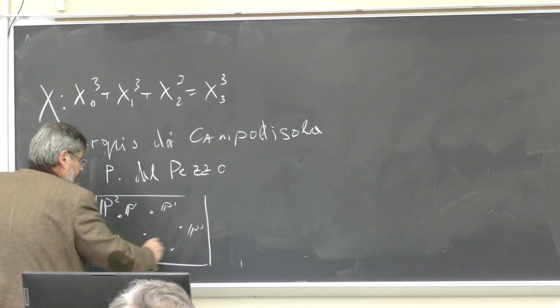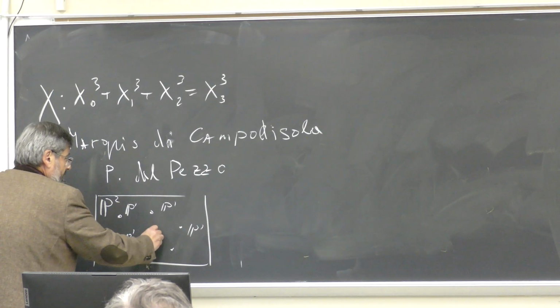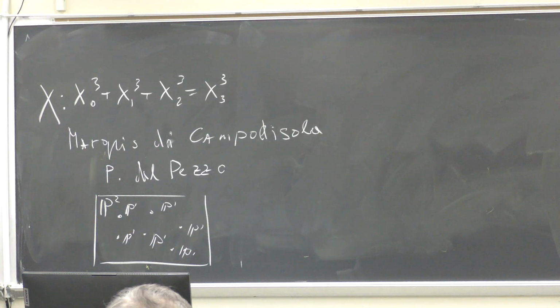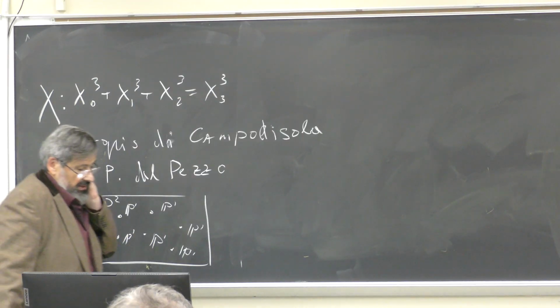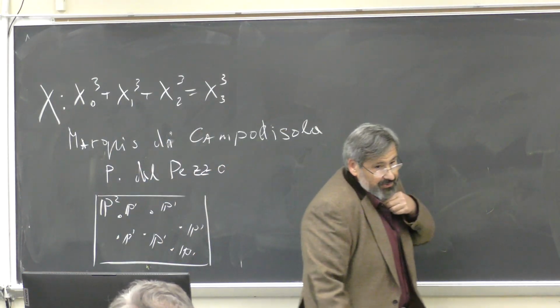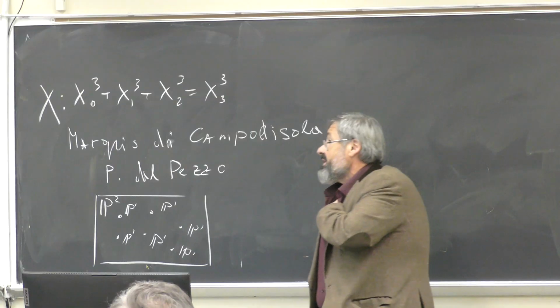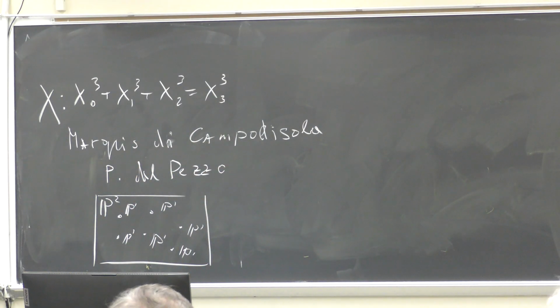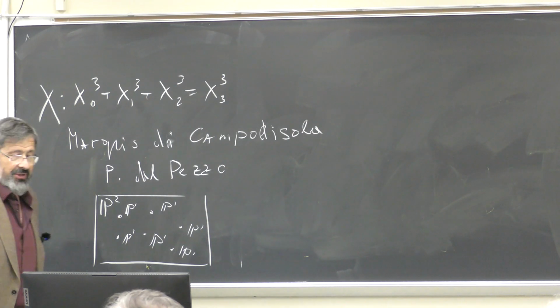Do this surgery, and then this surface here, given by this equation, is obtained from P2 by this blow-up procedure. A blow-up procedure is very common in birational geometry.